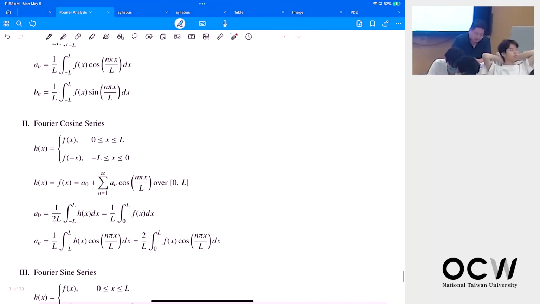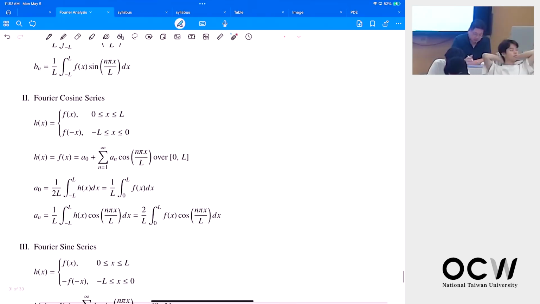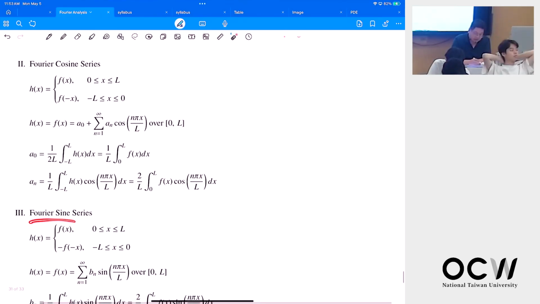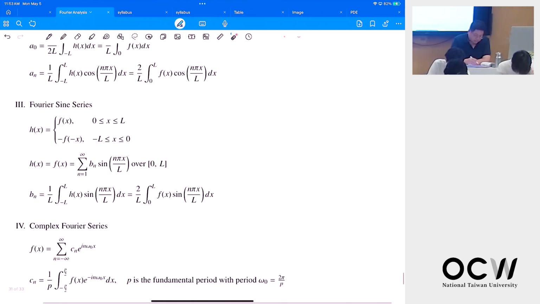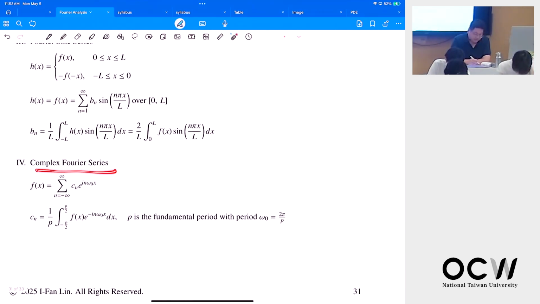And how do you express the Fourier cosine series and also Fourier sine series? Again, how do you express their coefficients? Okay. And then for the complex Fourier series, how do you find your coefficient?